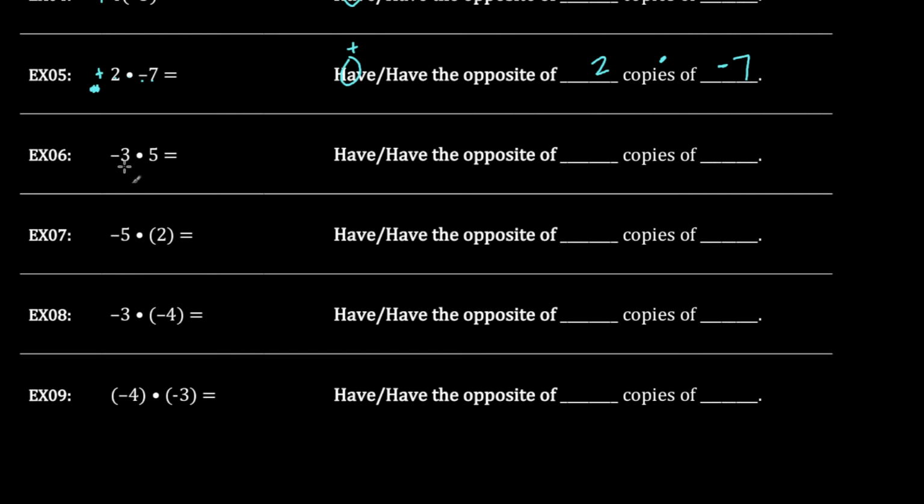So instead of saying we have 3 copies, we actually have the opposite. We have the opposite of 3 copies of 5. See this -5? Opposite. So we have the opposite of 5 copies of 2.